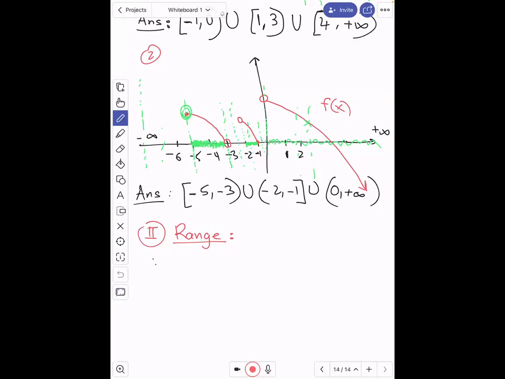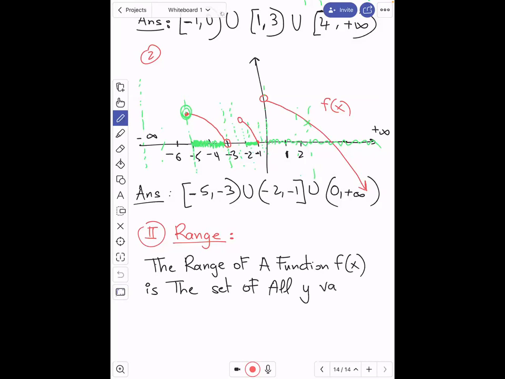Okay, so the range of function f of x is the set of all y values the function attains. Okay. So what do I mean by this definition of a range?